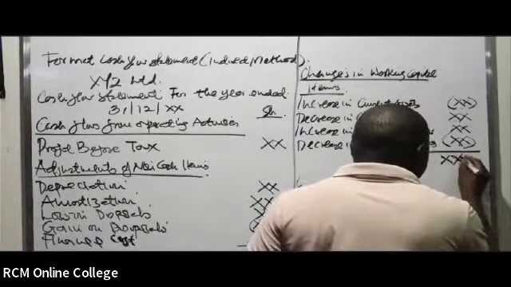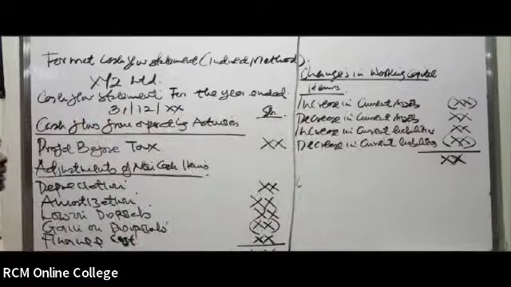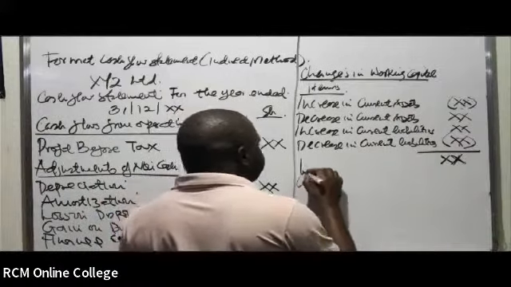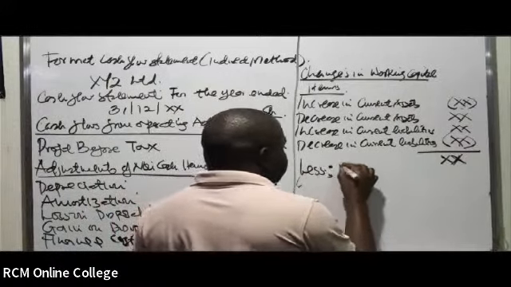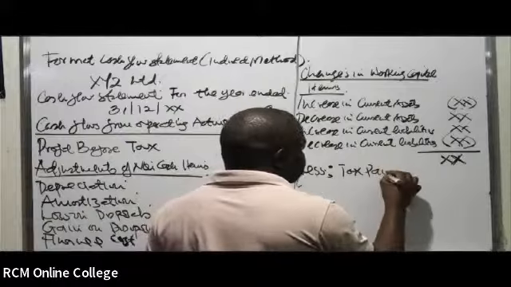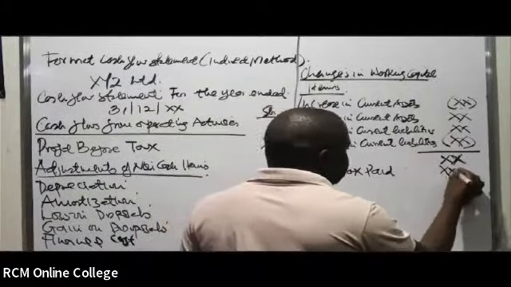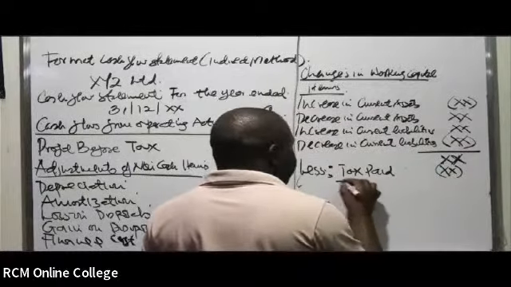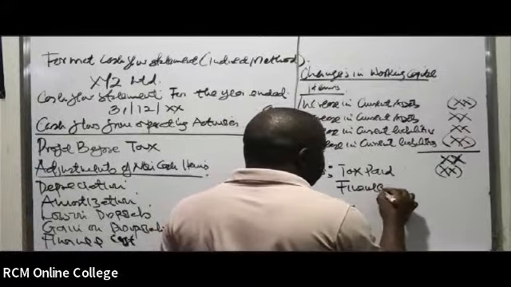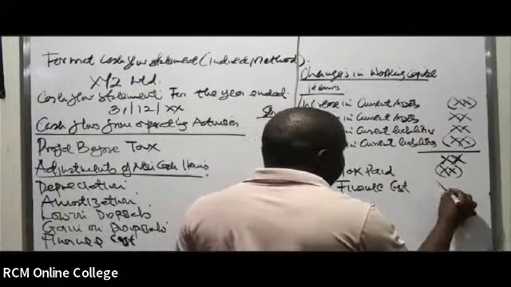Then once you close there, you consider the tax paid and the finance cost. Less the tax paid, and less the finance cost.